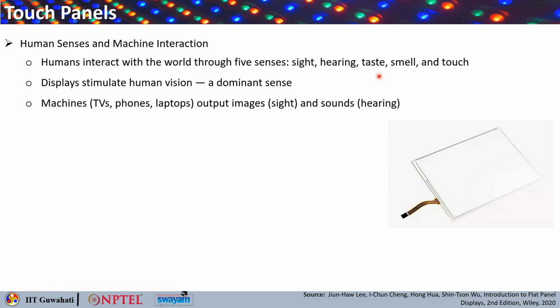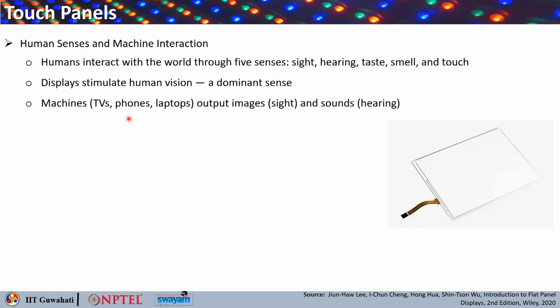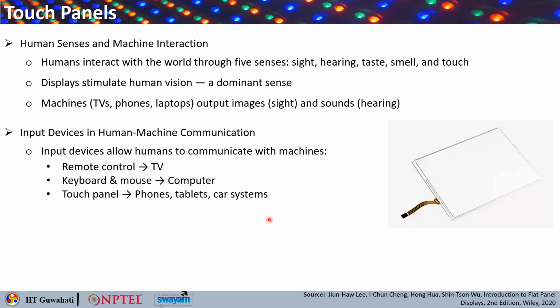So, that is one of the most dominant senses. Other machines like TVs, phones, laptops, their output images will trigger your sight, and another important output is sound that will trigger your hearing. Now, people need to think of what are the input devices in human machine communication.